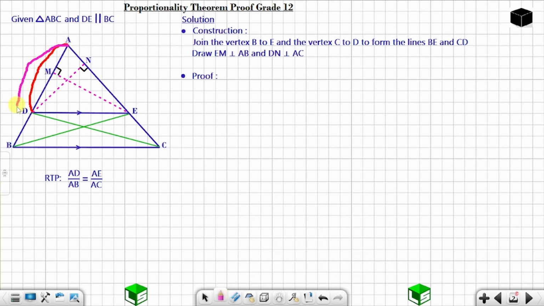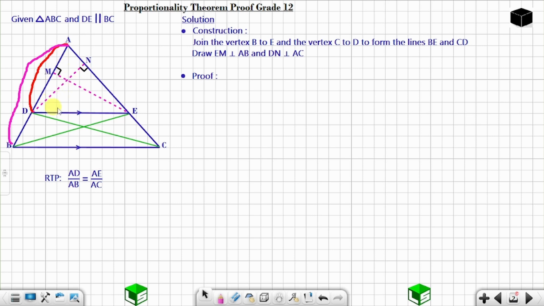You are going to use triangle ADE, so that you can have AD, and you are going to use triangle ABE, so that you can have AB. So we are going to use the area of triangles.